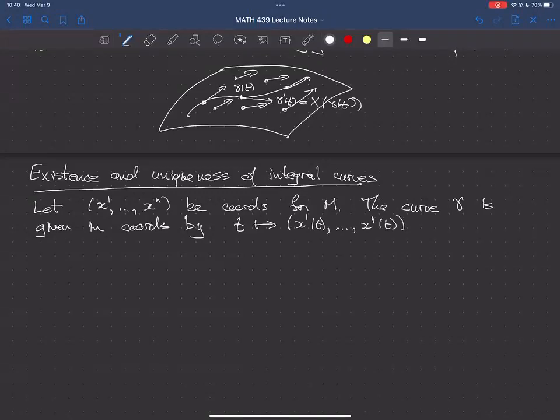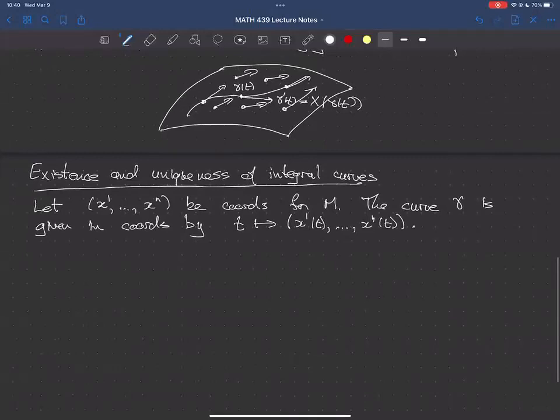Okay, so that's the local representative of the curve in this set of coordinates. Of course, I'm assuming that the curve gamma runs through my coordinate chart. If it doesn't, then there's nothing to talk about.